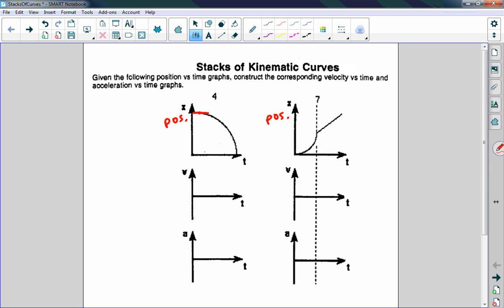We don't really care where this graph starts, what position it starts at. When we make the velocity time graph, all we care about is what the slope is at that point, okay? So here it looks like it basically has a velocity of 0 because the slope is 0.